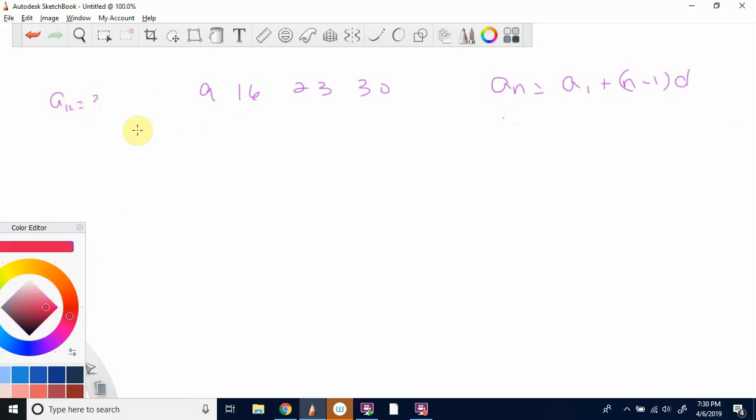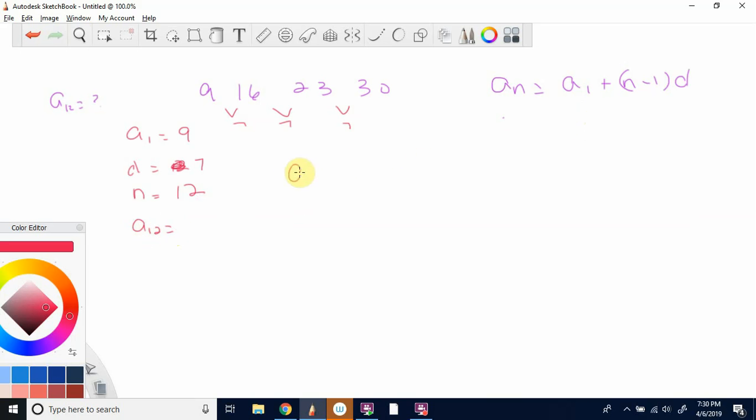That's what we're trying to find. So what do we know? We know a of 1 is 9, and what is our common difference? We've got to find d. So d is 7, and n is 12, because we're trying to find a of 12.